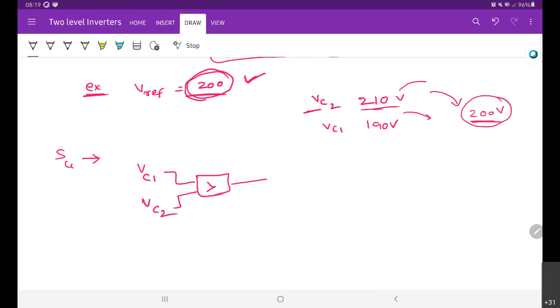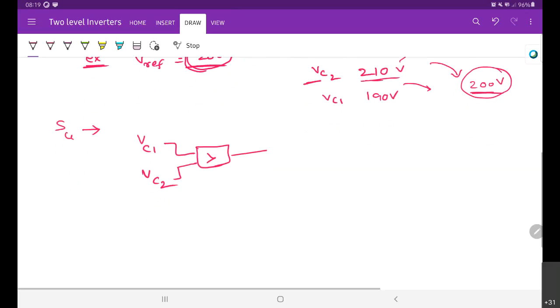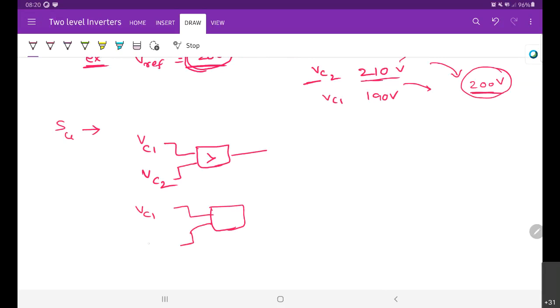Up to what point do we need to turn it on? That is the second constraint: VC1 is greater than V reference.